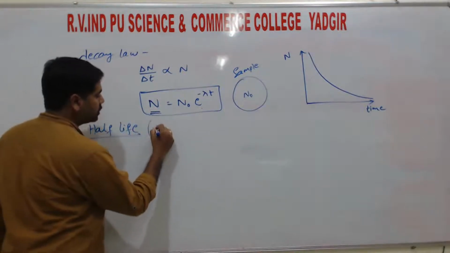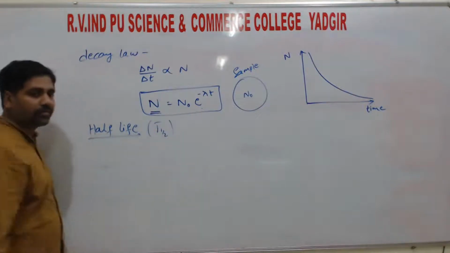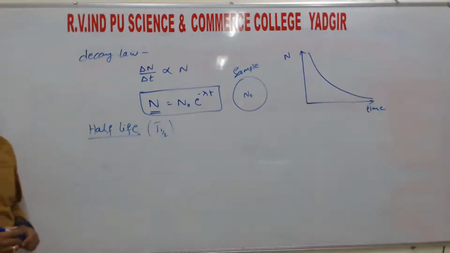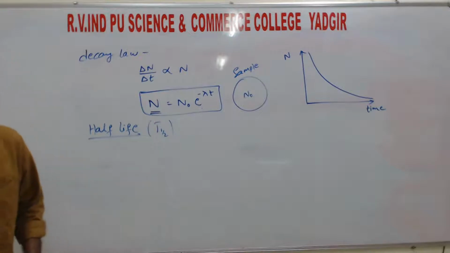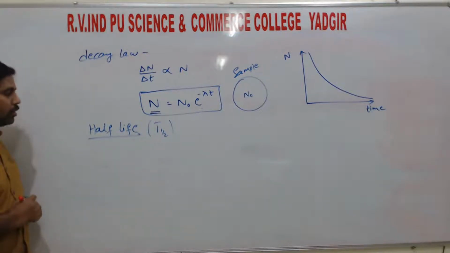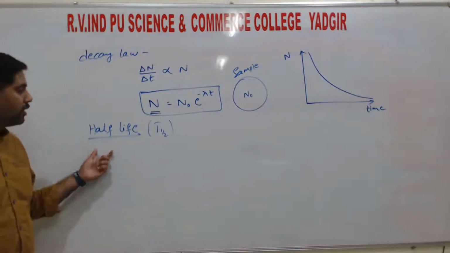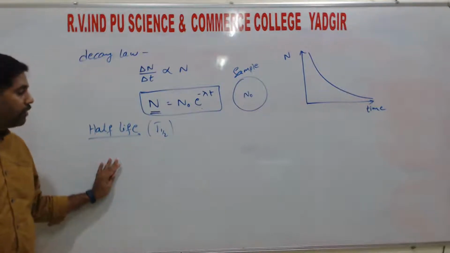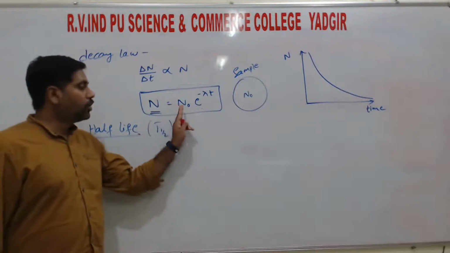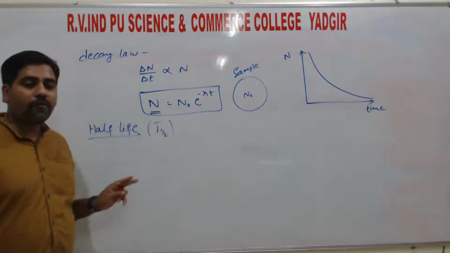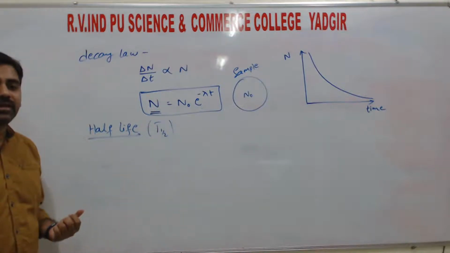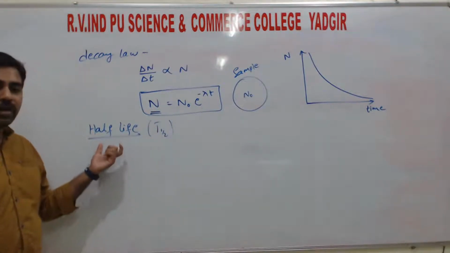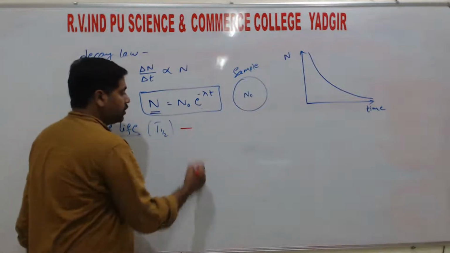Half-life is denoted by T half, with half written in the suffix. So what is half-life? The time during which the number of nuclei reduces to half of its initial value, that time we call half-life.